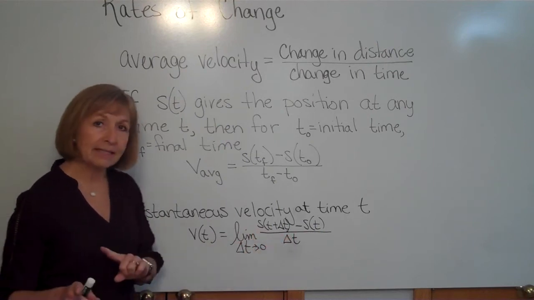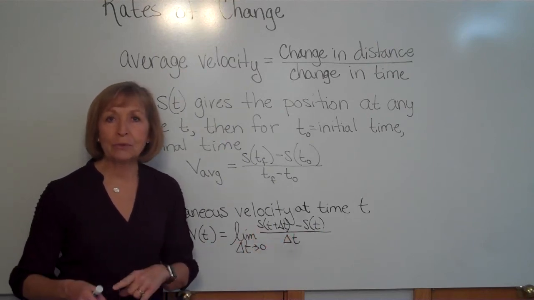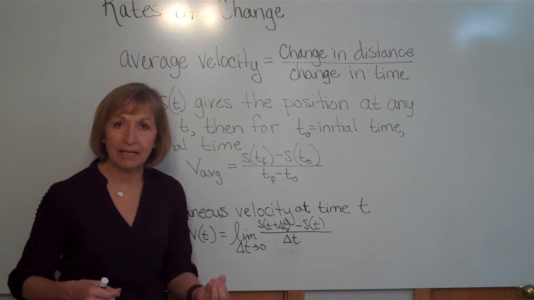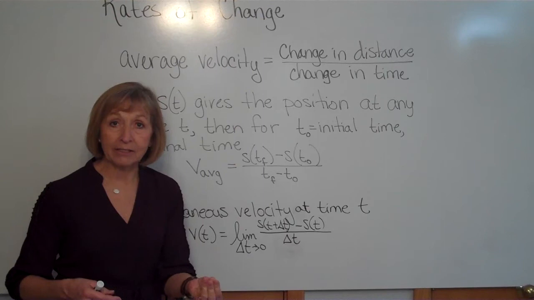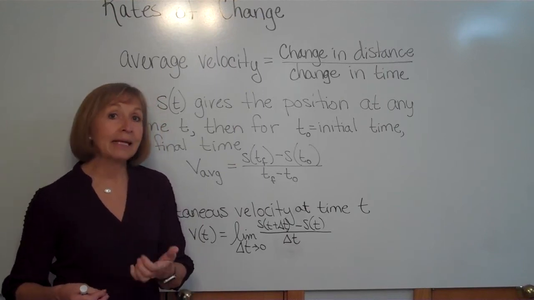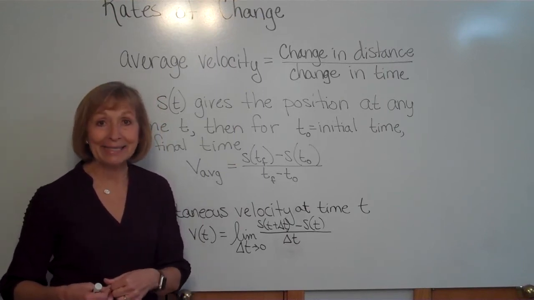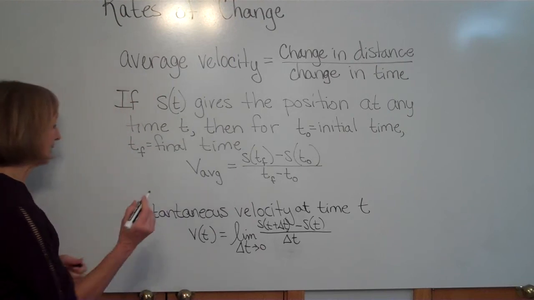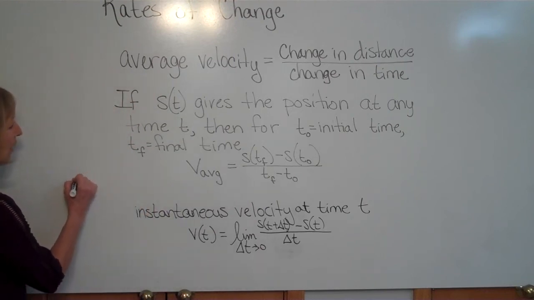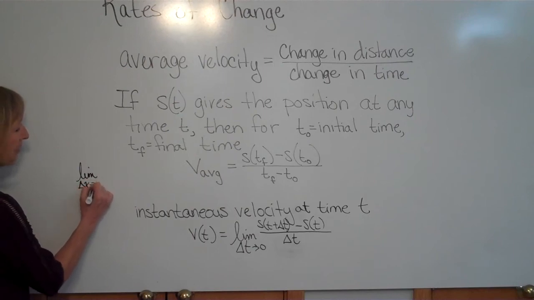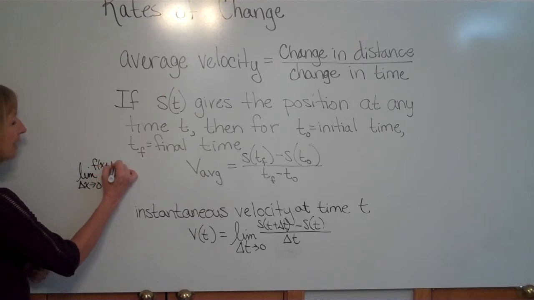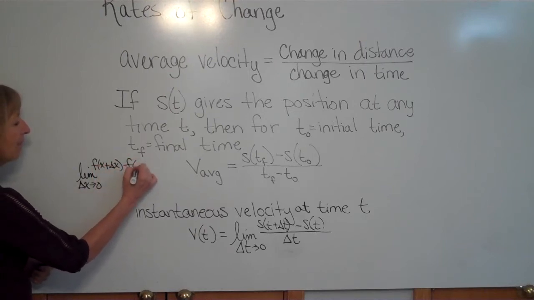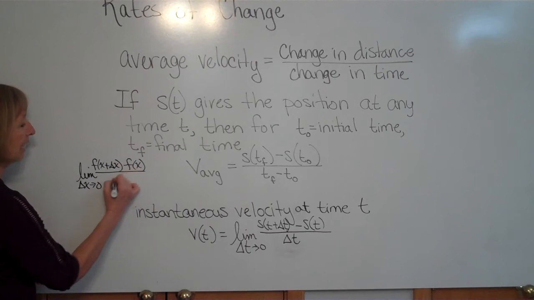And if you look at this and remember back to the definition of the derivative, when I had a function named f of x and my independent variable was x, we had the limit as delta x approaches 0 of f of x plus delta x minus f of x, all over delta x.